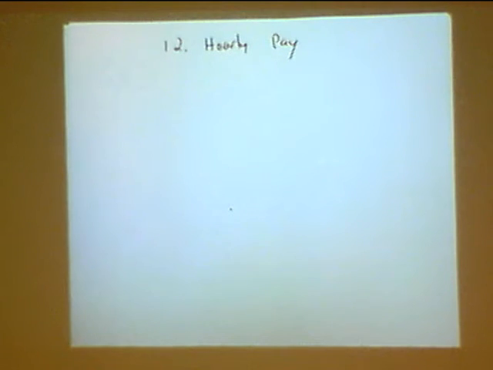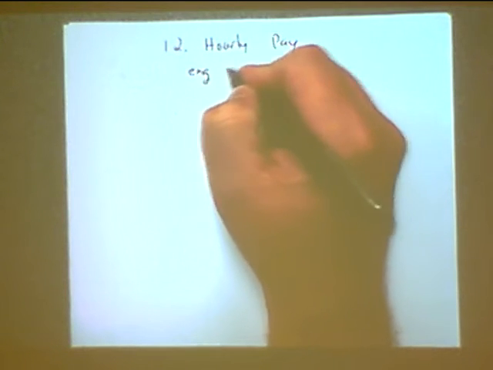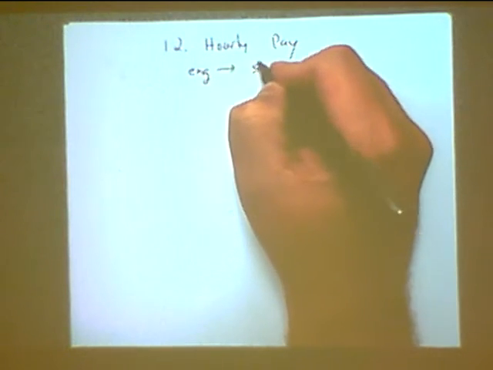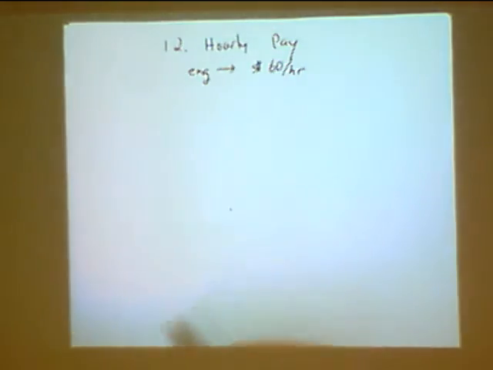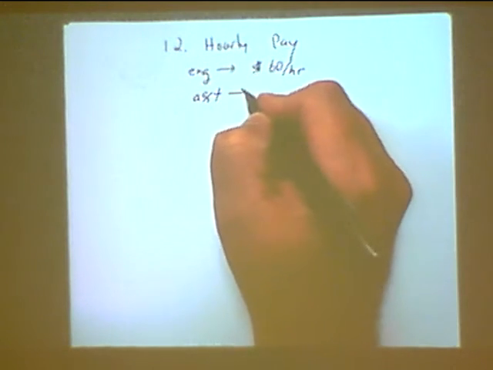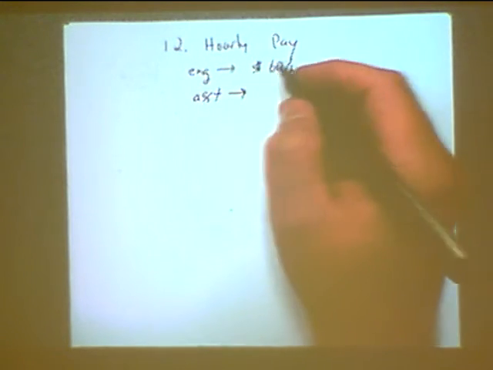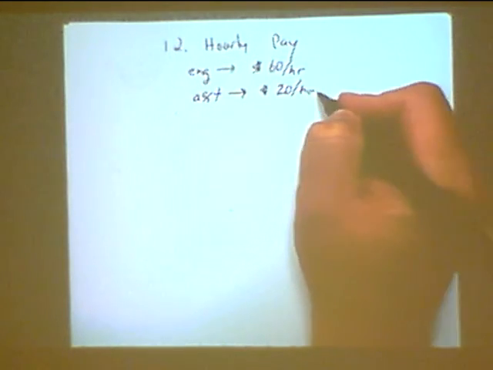Most of the time with story problems, it's usually always helpful to simply write down the information you were given in sort of a shorthand method. So I'm going to say the engineer, when he works, he gets paid $60 per hour, and when the assistant works, they get paid $20 per hour.